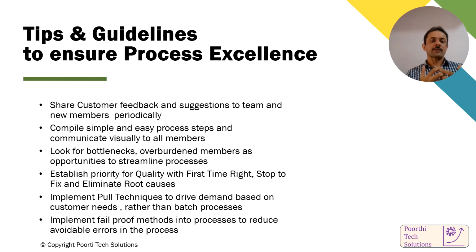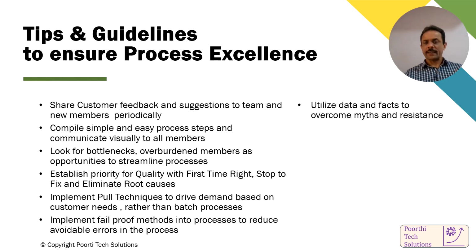Establish priority for quality with first time right, stop to fix, or eliminate root causes. Implement pull techniques to drive demand based on customer needs rather than batch processes. Implement fail-proof poka-yoke into processes to reduce avoidable errors, as well as utilize data and facts to overcome myths and resistance.